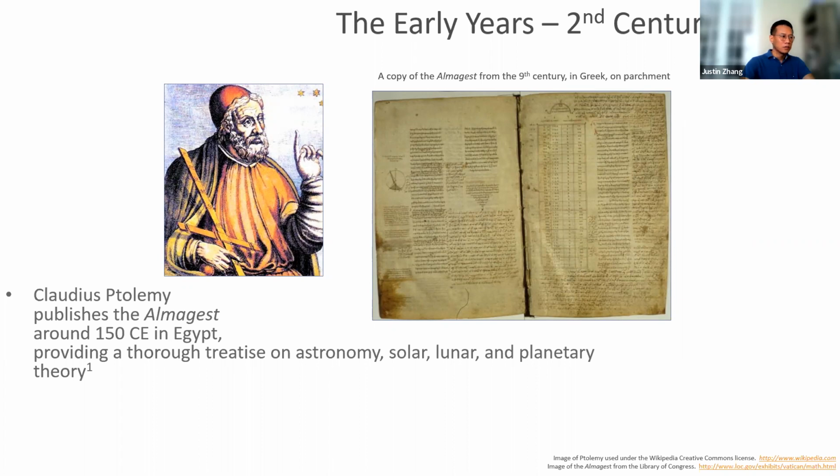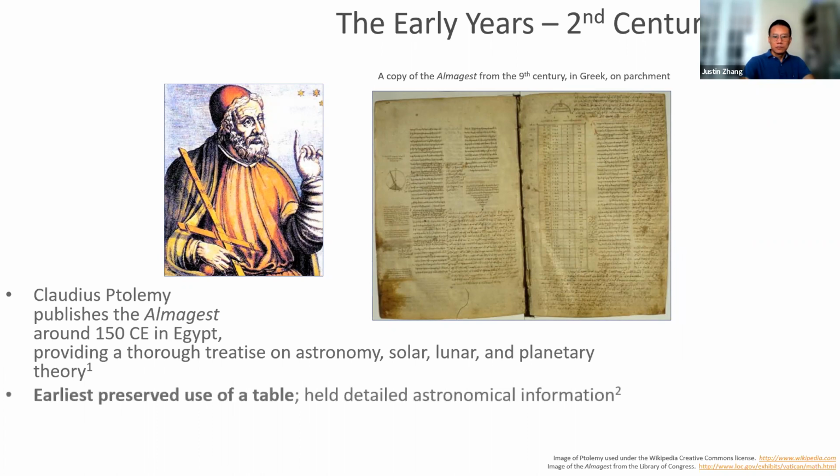Claudius Ptolemy may be considered the first person who used tables to tabulate data to illustrate something related to astronomy. It was around 150 CE in Egypt. It was probably the first step in shifting emphasis from text to perception, visual presentation. It was the earliest preserved use of a table.